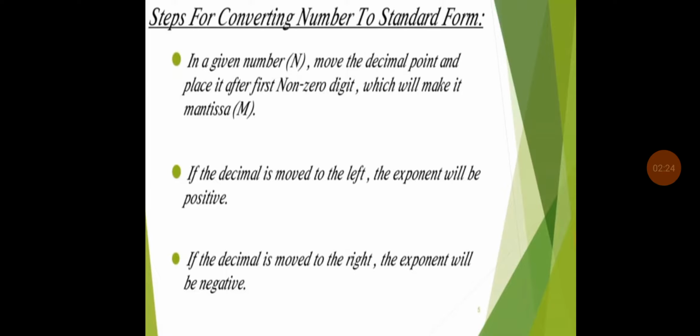First, in a given number N, move the decimal point and place it after the first non-zero digit, which will make it the mantissa M. Second, if the decimal is moved towards the left from its given initial position, then the power of 10 will be positive, and the number of digits through which the decimal point has been moved will be the value of the exponent. Third, similarly, if the decimal point is moved towards the right from its given position, then the power of 10 will be negative, and the number of digits through which it has been moved will be the value of the exponent.